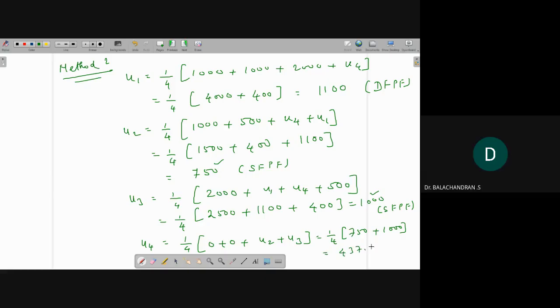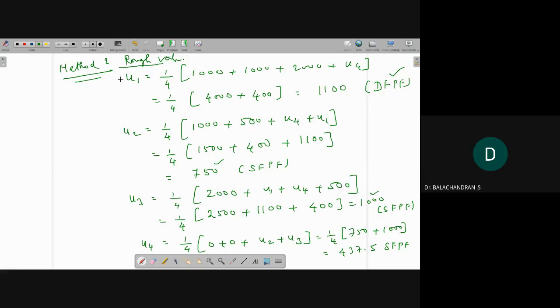Using the standard 5-point formula. So these are actually rough values, because you are using the diagonal 5-point formula.